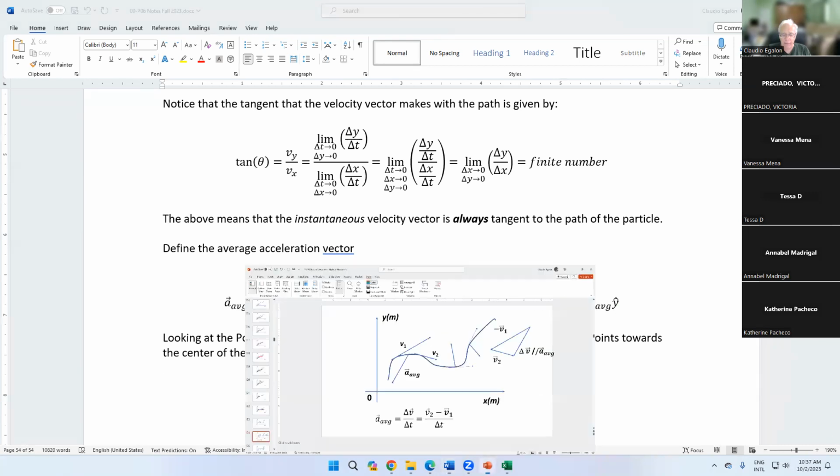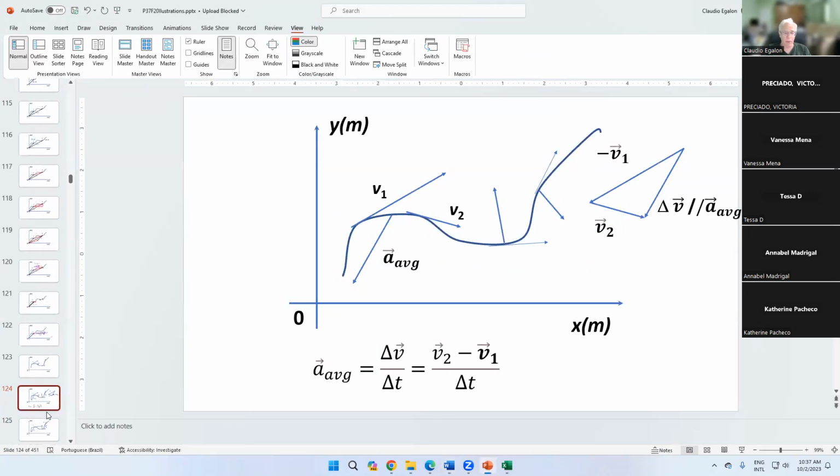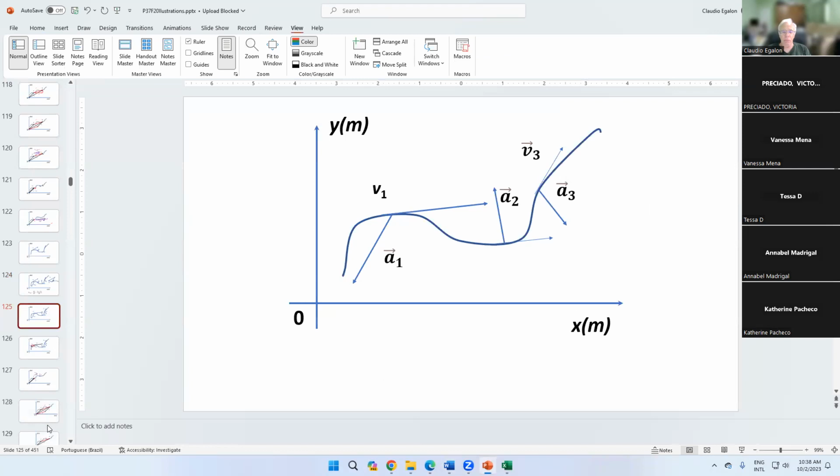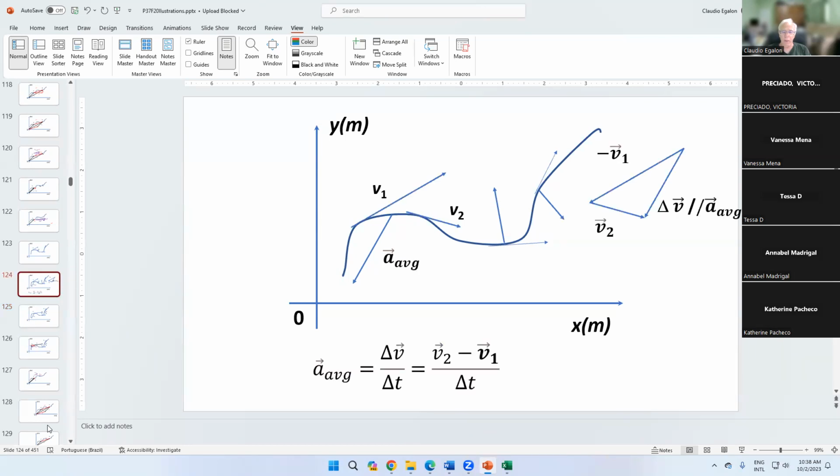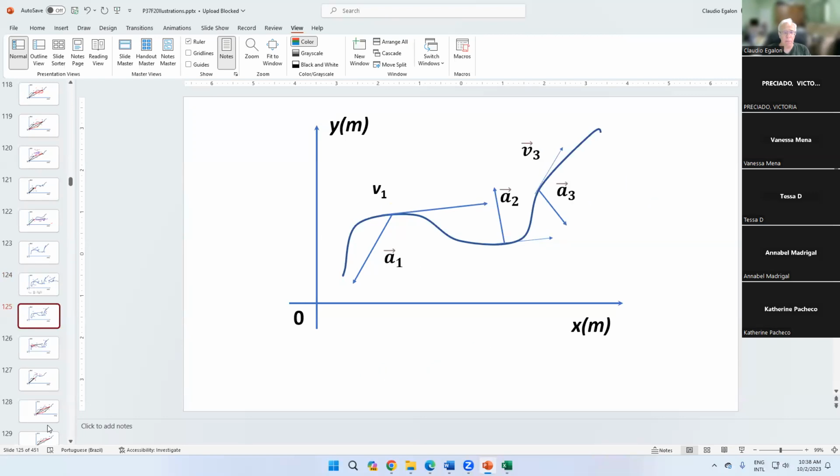So what we have next, let's see here. Here's the average acceleration. That's not the average acceleration. Those are now the instantaneous acceleration vectors. When we take the limiting condition, we have this type of acceleration vector. It's always pointing towards the concavity.